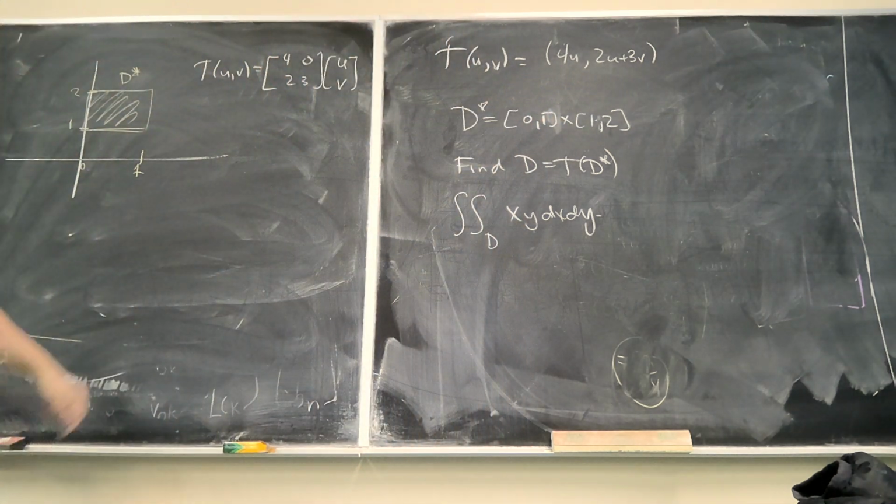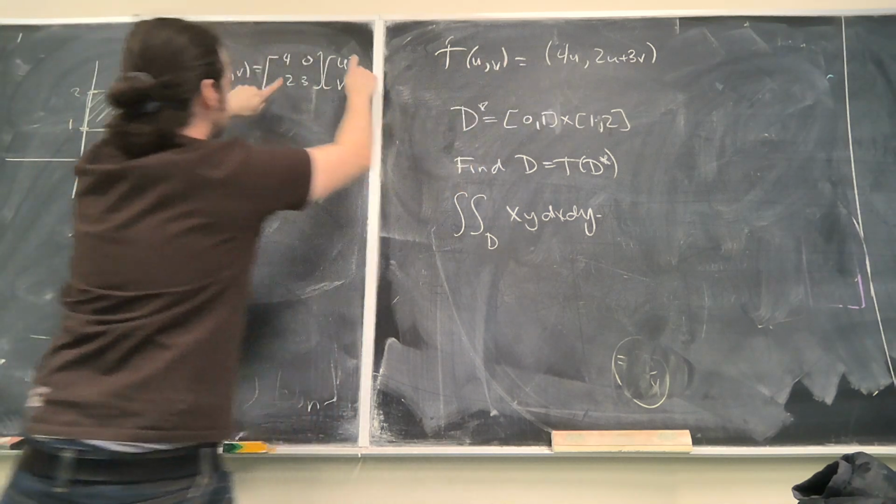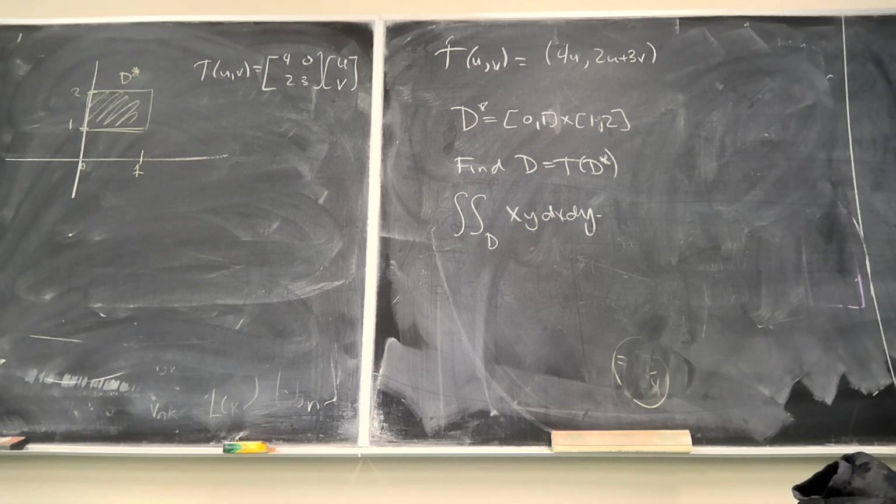Like 4u plus 0v in the first slot and 2u plus 3v in the second. So this is the easiest possible case. How do I figure out what happened to the rectangle? What's the easiest thing to do? Put the corners in, right? With linear transformations, you just track where the vertices go. That's all you have to do.